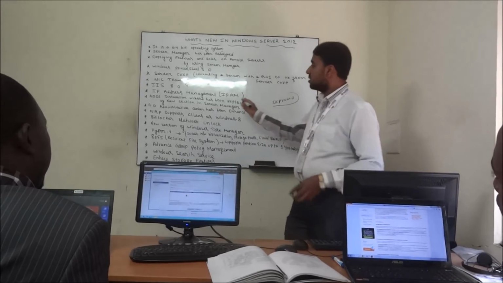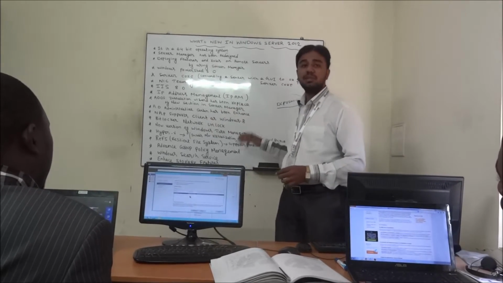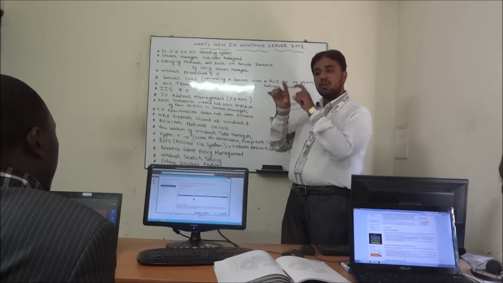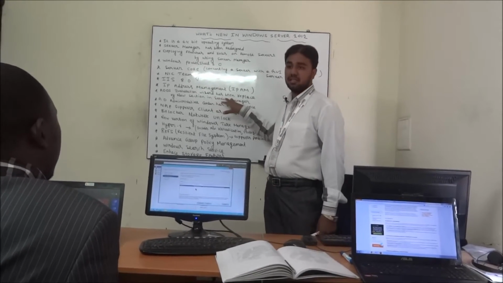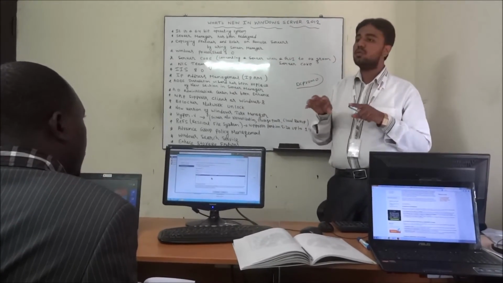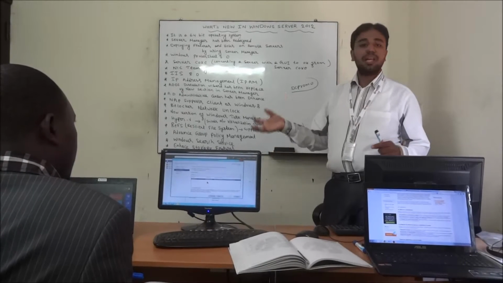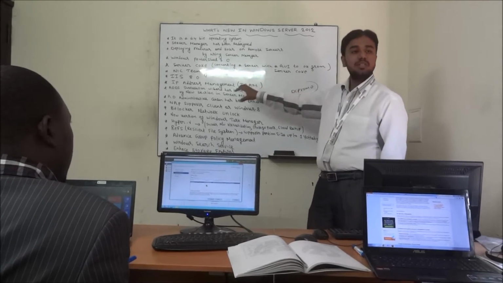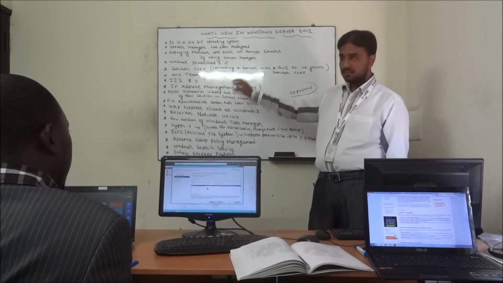But when you come to Server 2012 and type dcpromo, it says command not found, because everything you configure through Server Manager. Through Server Manager only, by using a GUI wizard, you make your PC a domain controller. So DCPromo has been removed. There is no more DCPromo in Server 2012.